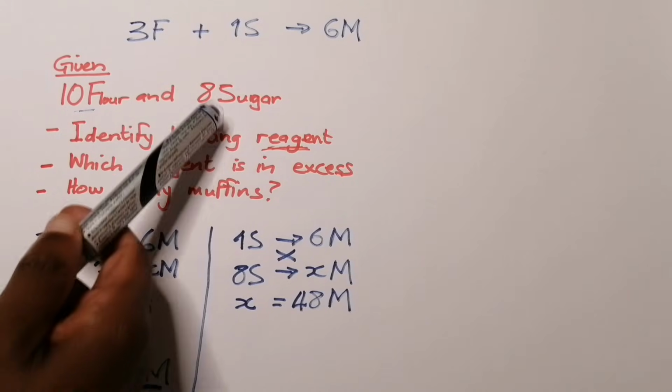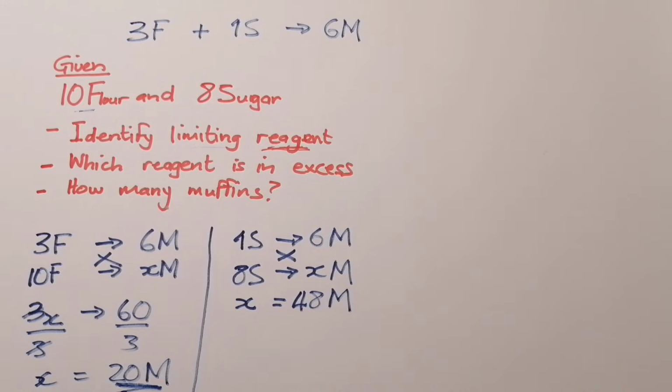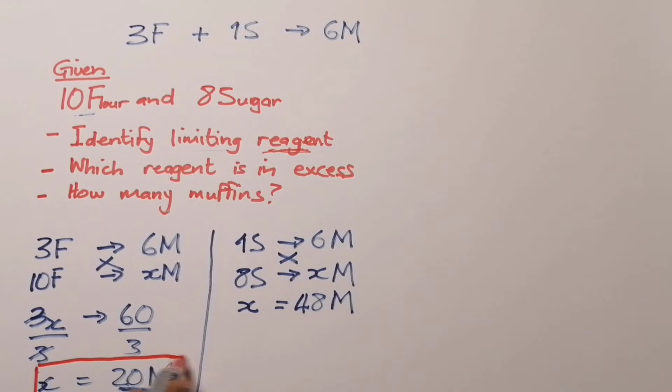But the amount of sugar that I have can be able to produce 48 muffins. All right? But remember, you need both of them to be present in order to produce muffins. So the question is, how many muffins can we actually produce? I'm sure you can actually see this. Who limits the extent of the reaction? Okay?